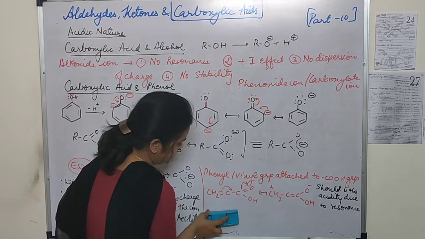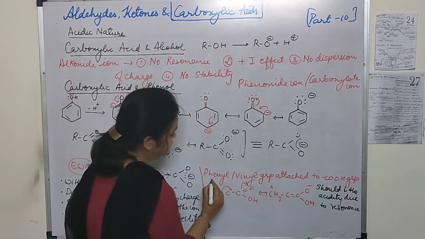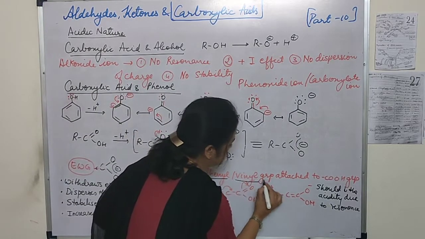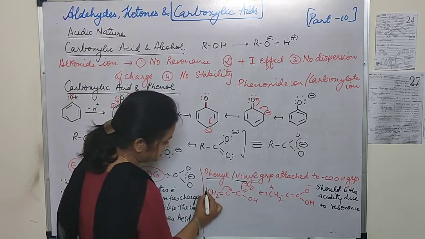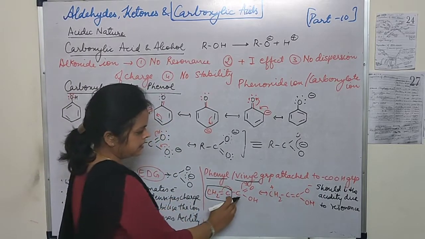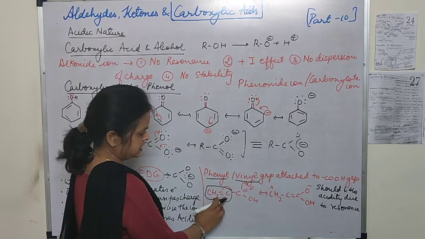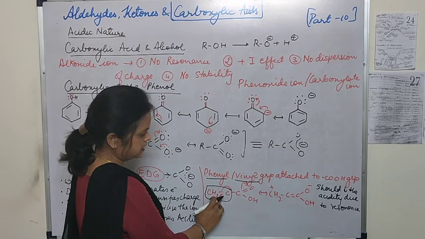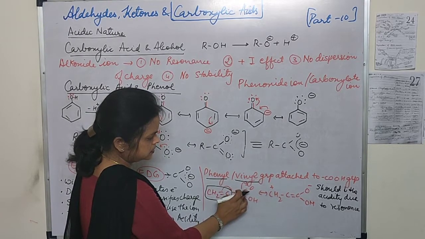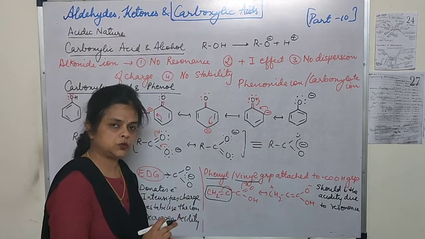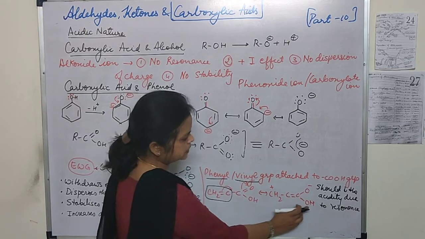Now the last point of the topic: if a phenyl group or vinyl group is attached to the COOH group, then what happens? See, this is the vinyl group attached to the COOH group. Now if we see the structure, students, this is having a double bond, and if the double bond shifts over here and in turn this double bond shifts over here, it can show resonance, and the resulting structure will be somewhat like this.